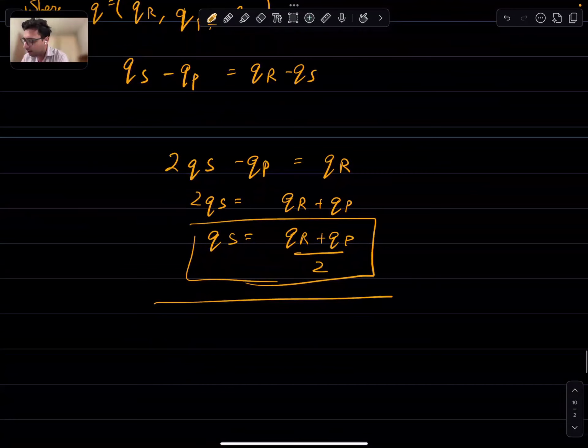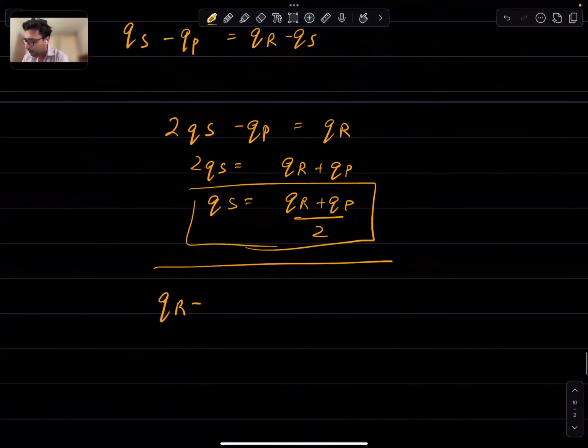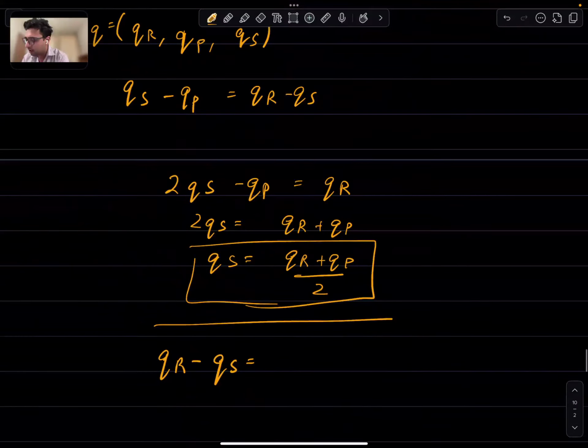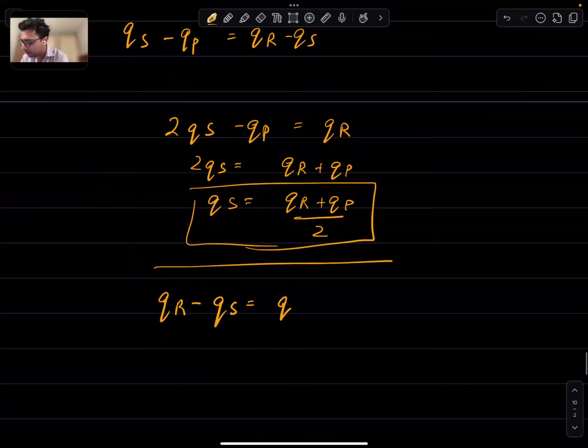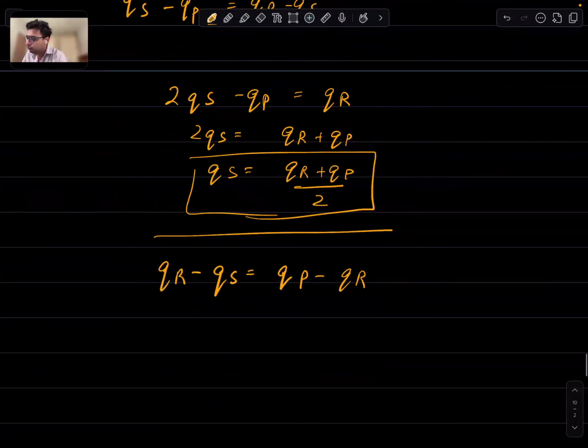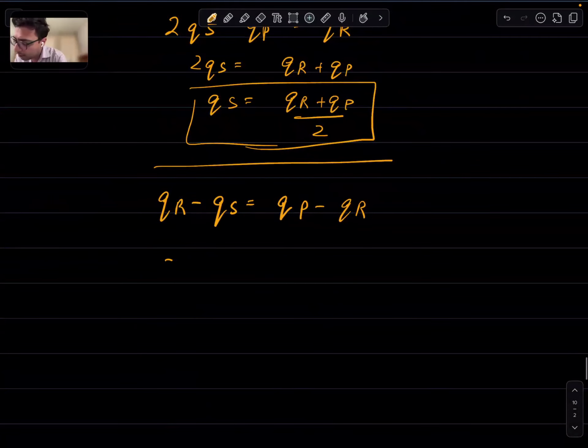So it has to also be that QR minus QS has to equal QP minus QR. Okay, let's add QR on both sides. So that becomes 2 times QR minus QS equals QP.